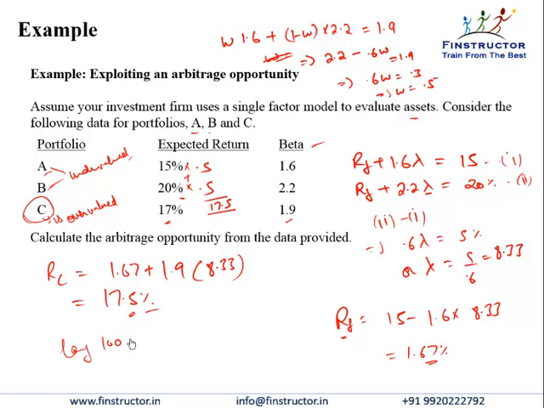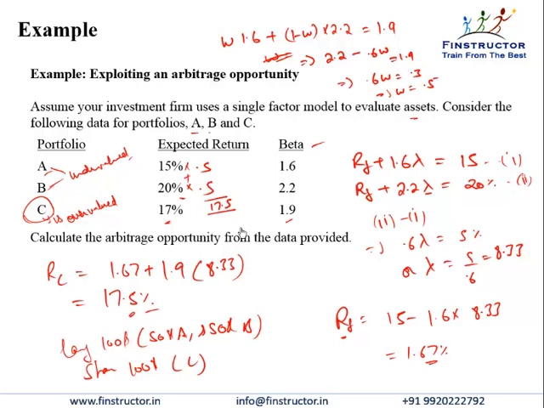So long $100 worth, $50 in A and $50 in B. And we can short, to get this $100, we can simply short portfolio C, that is short $100 worth of C.